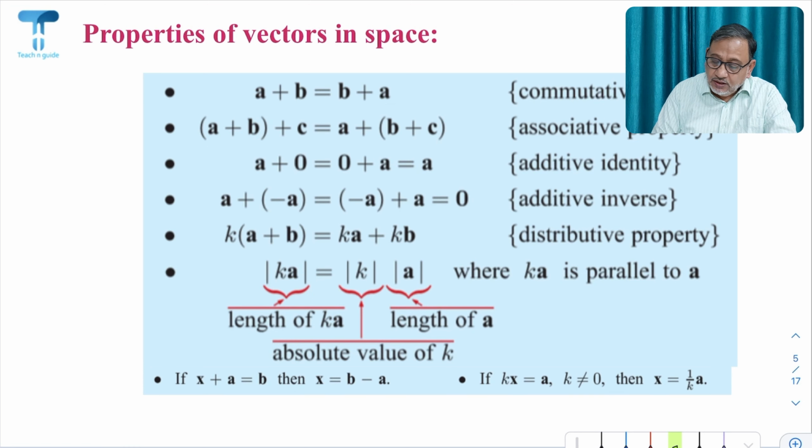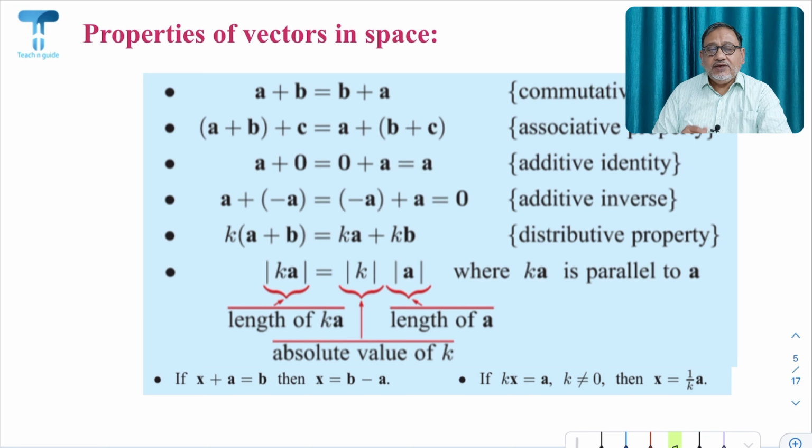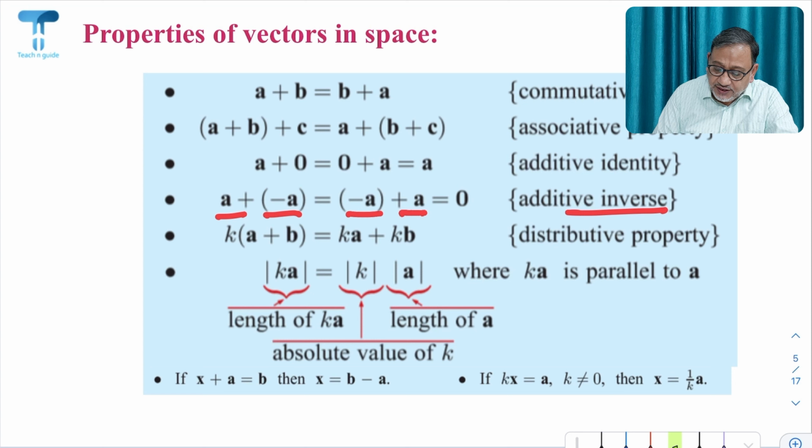Okay. Then additive identity, as we have 0 in numbers, here also it is a 0 vector. So vector A added to 0 vector will be the same as 0 vector added to A, which will be equal to only vector A. So adding a 0 vector will not affect any vector, okay? Then additive inverse. If we add negative of A to A, or add A to negative of A, it is going to give us a 0 vector.